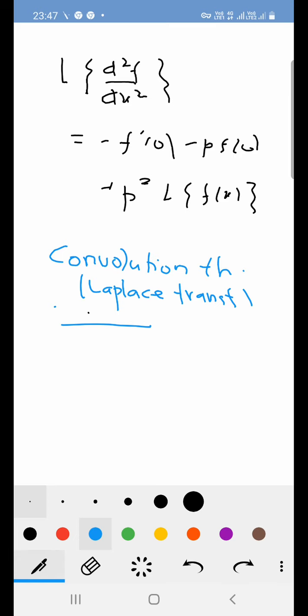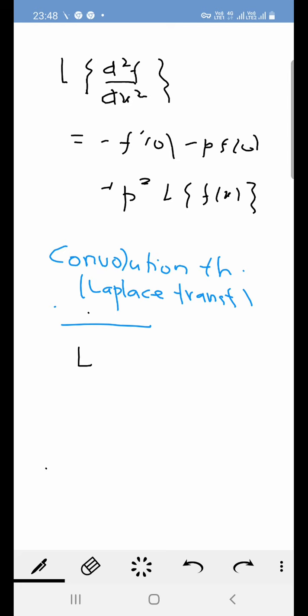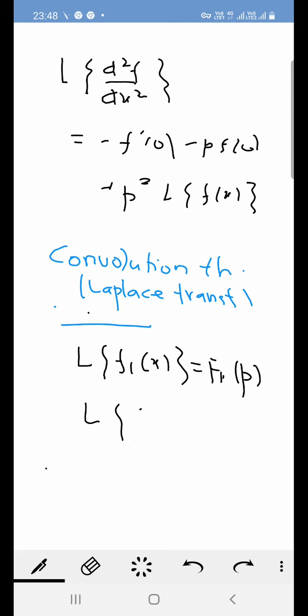Suppose the Laplace transform of f1x gives F1p and the Laplace transform of f2x gives F2p.